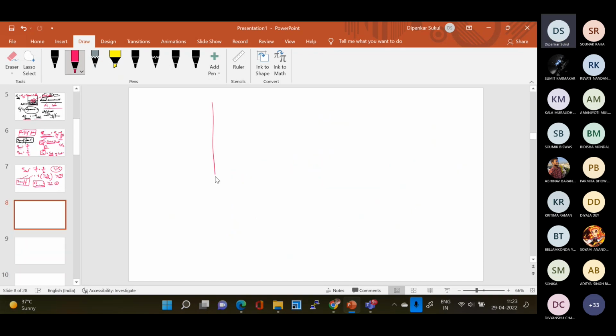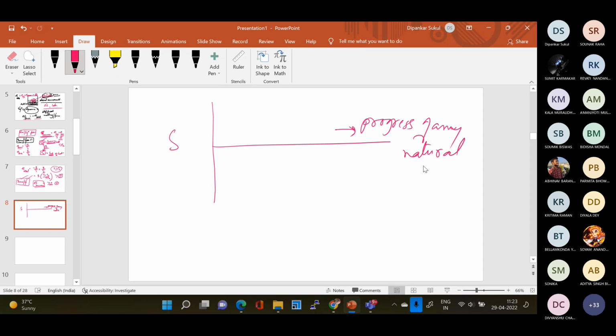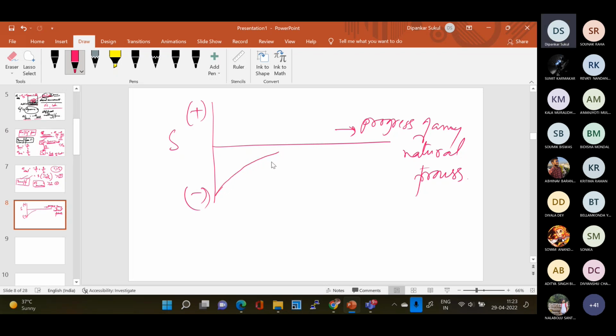And if I draw the variation of entropy with progress of any process, suppose progress of any natural process, so this is negative, this is positive. For a natural process, the entropy will gradually increase from a negative value. So this is all spontaneous because entropy is increasing.